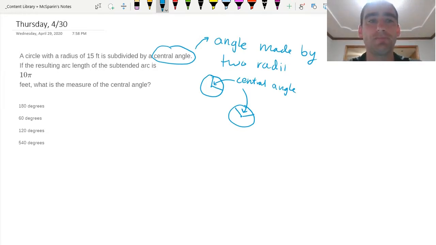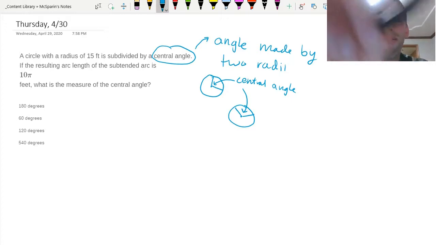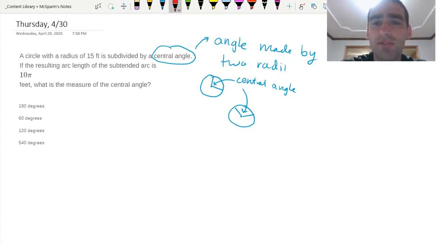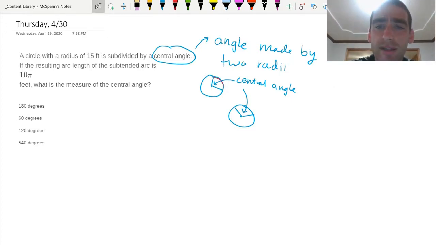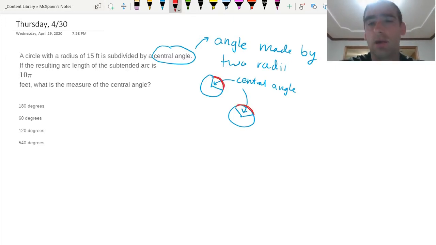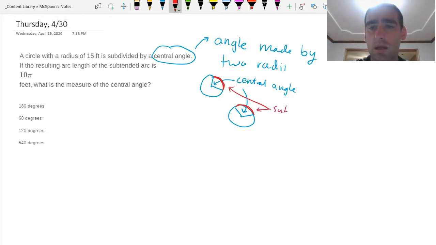Now, the resulting arc length of the subtended arc, on both of these, this section right here, those little chunks of the edge of the circle, those are called subtended arcs.